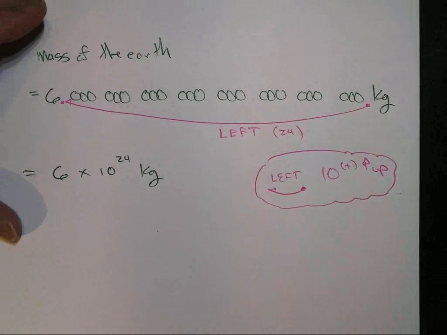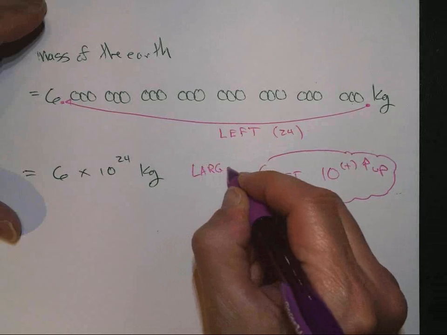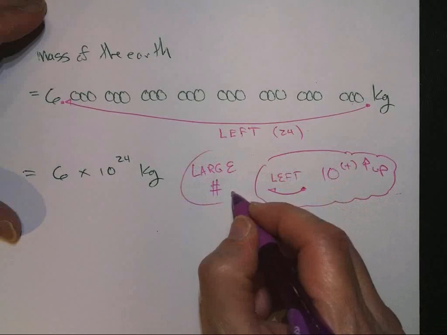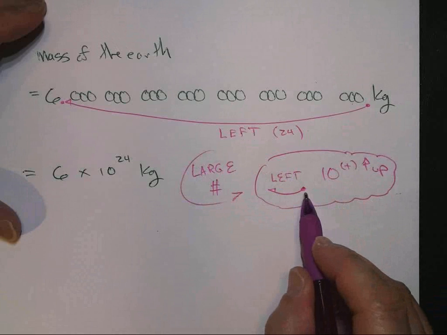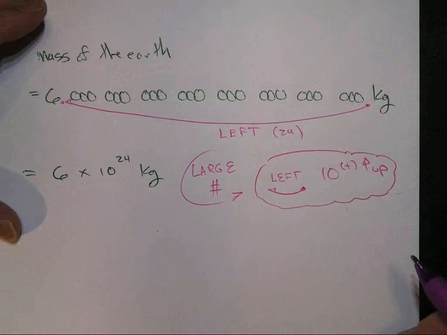So that's the basic rule. When you have a large number, this is what you do. Move the decimal point to the left, raise the power of 10 the number of places that you move it.